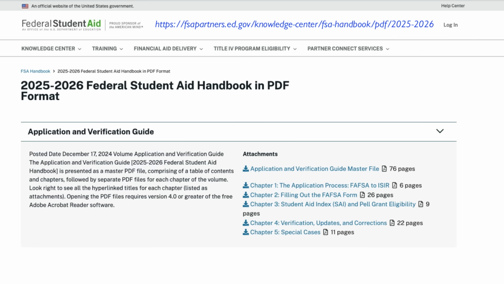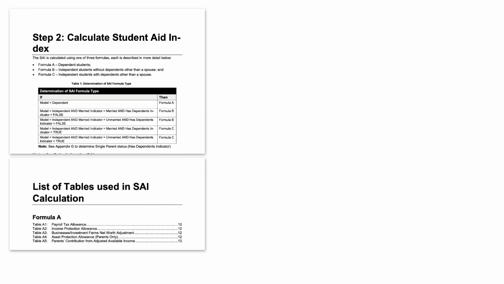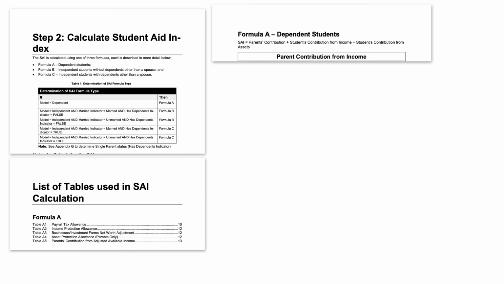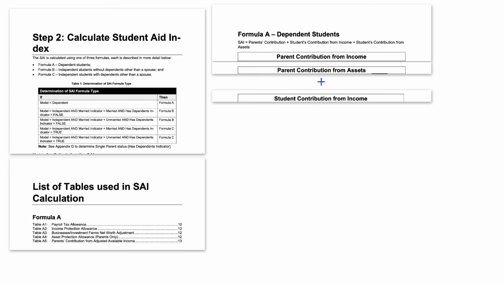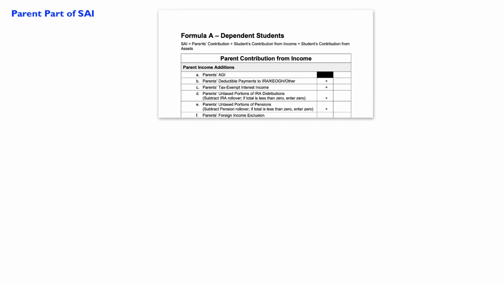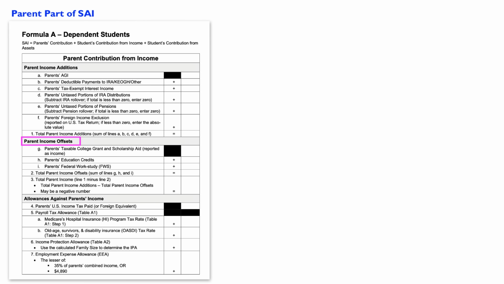Here's the general breakdown. For dependent students, which includes most undergraduates, the formula primarily considers parents' income and assets, as well as the student's income and assets. The parent income is adjusted by certain offsets and family allowances.